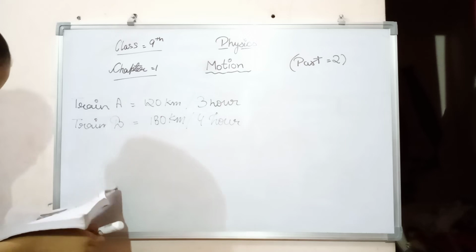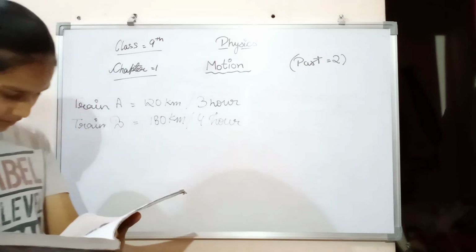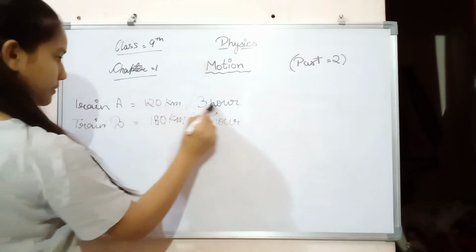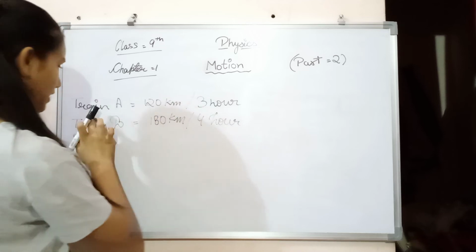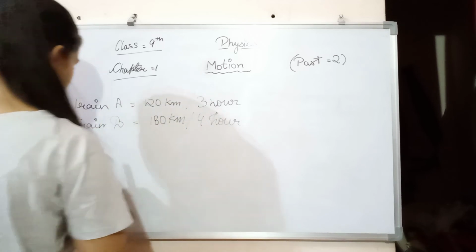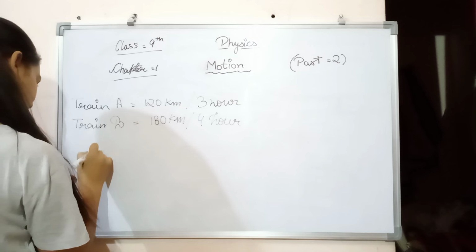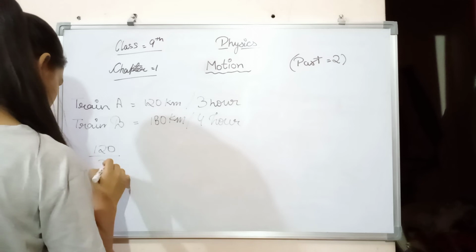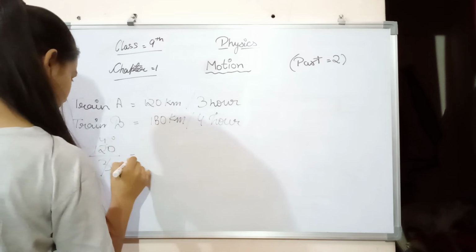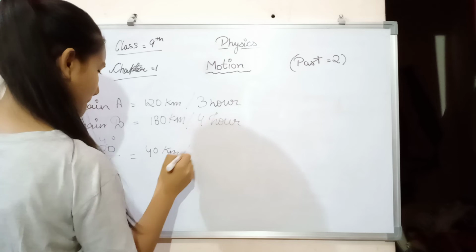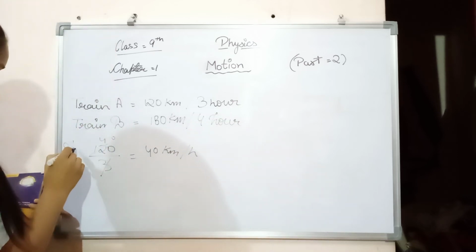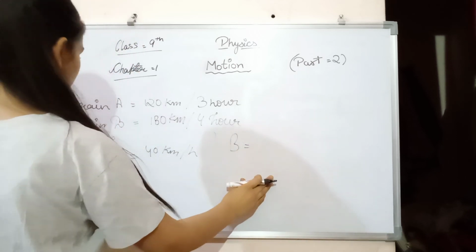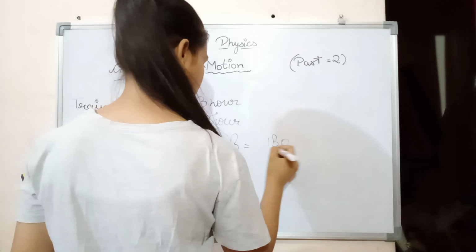So the question says which train travels faster. So we will first find the speed of train A and then train B. Let us calculate it. 120 upon 3, so it is 40 kilometers per hour. Train A's speed is 40 kilometers per hour, and train B covers 180 kilometers in 4 hours.